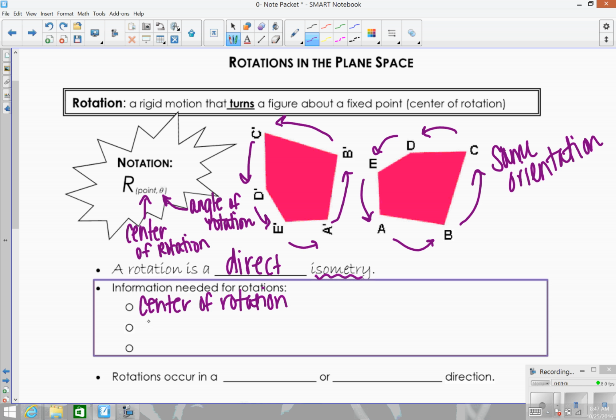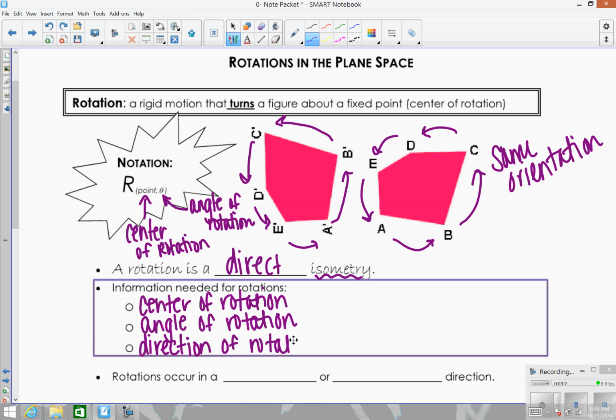You have to know the angle of rotation, which means how many degrees are you going to turn it. And then the last thing you have to know is the direction of the rotation. So which way am I going? Am I going to the right or am I going to the left? So the direction of the rotation.